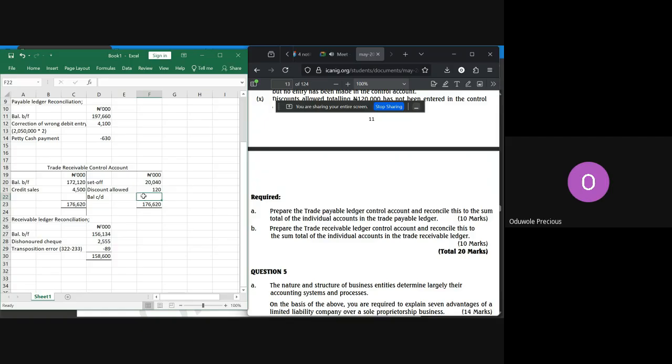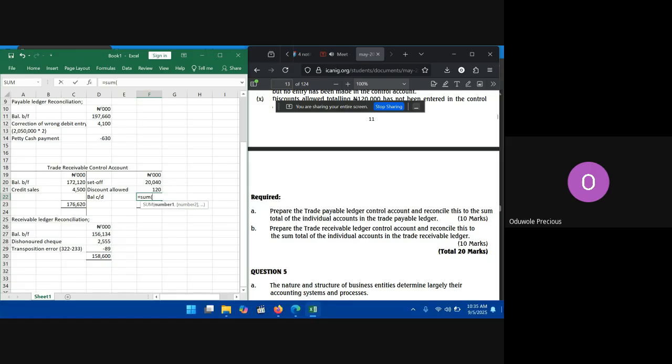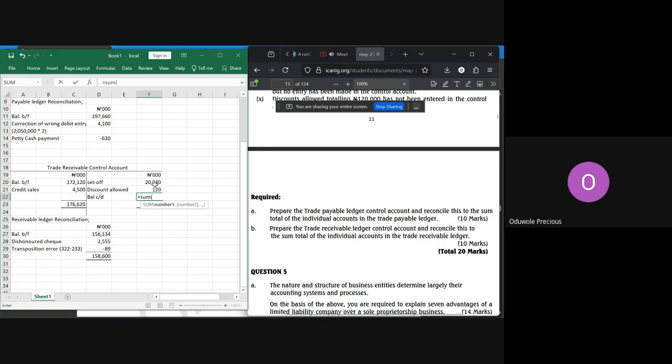So let's quickly do the formula. Go to sum. Sorry, let me check the percent difference. Let me just write it out.